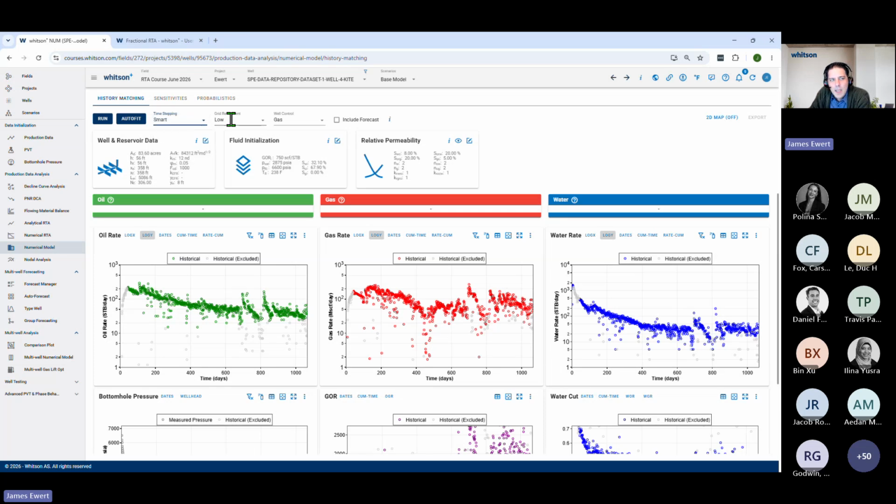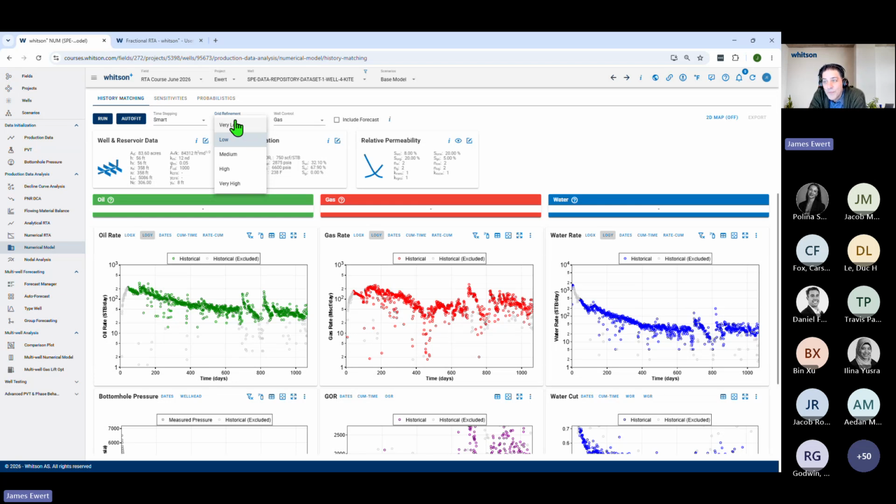Now, on top of the data points that you want to use, there's different types of gridding that you can use. The default is low. You can go to very low, and you can go to very high. Keep in mind that the law of diminishing returns is in play here. If you add more grids, you will get a slightly different answer at the cost of a lot more time waiting for the model to resolve itself.